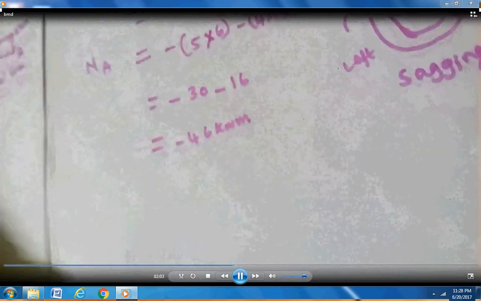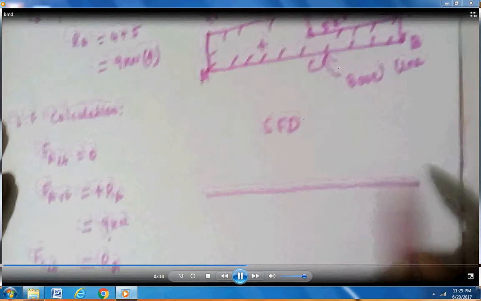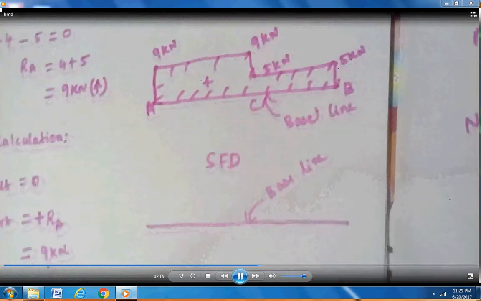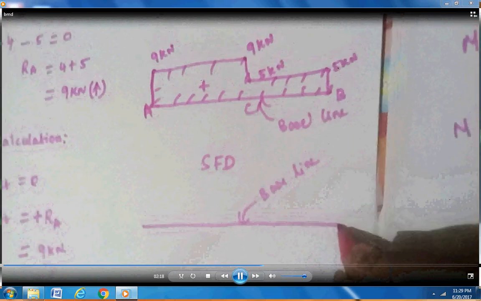Okay, then we need to draw the bending moment diagram. First draw the baseline. At baseline always BM is 0. Above the baseline is positive, below the baseline is negative. And mark the point. At B bending moment is 0. This is A and this is C. So mark at reference line at B. Then C bending moment is minus 10.